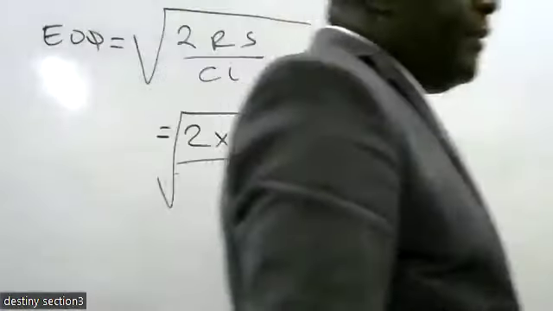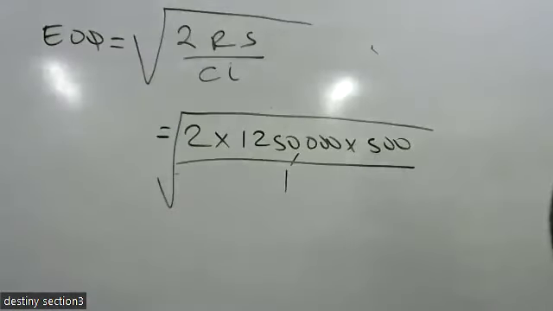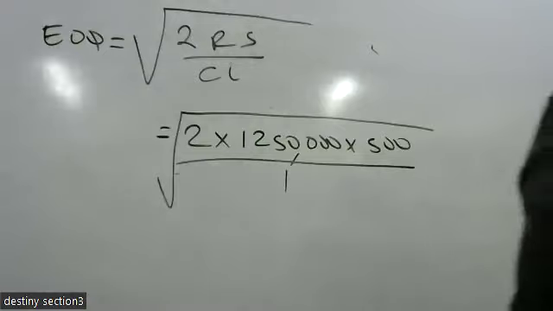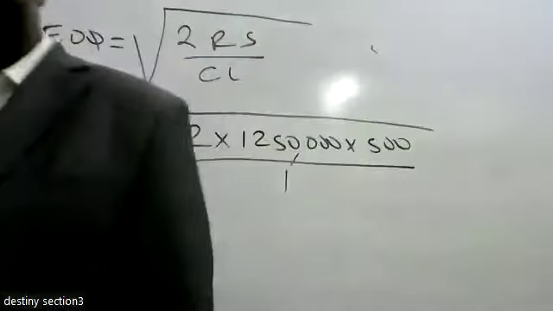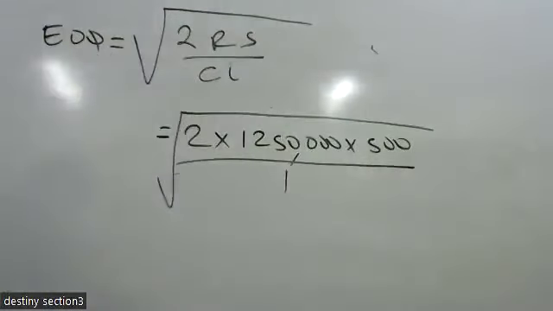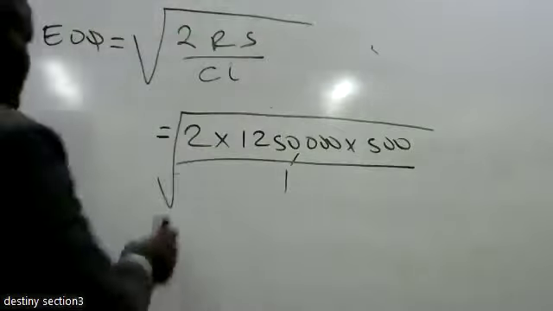What should be our EOQ? It is 35,355. So now we can get the total cost at economic order quantity.